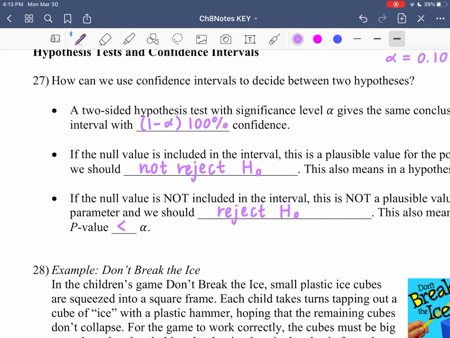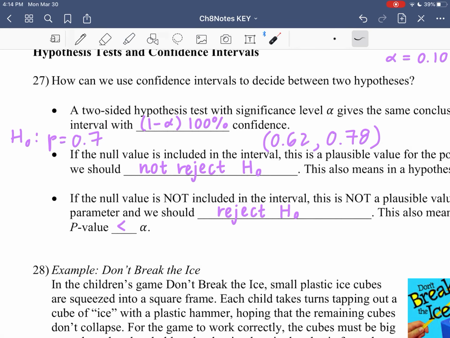Remember, our null hypothesis usually says something like, and I'm going to use a p for a proportion, p equals 0.7, right? So if I build a corresponding confidence interval, and my confidence interval is 0.62 to 0.78, well, 0.7 is in fact in my interval, which means 0.7 is a plausible value for our true population proportion.